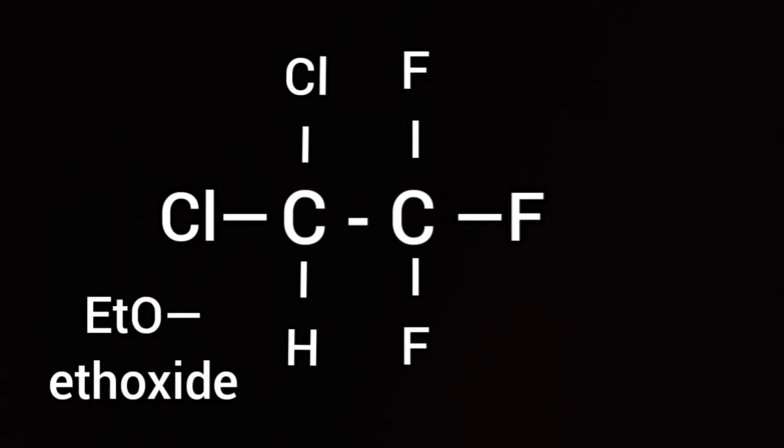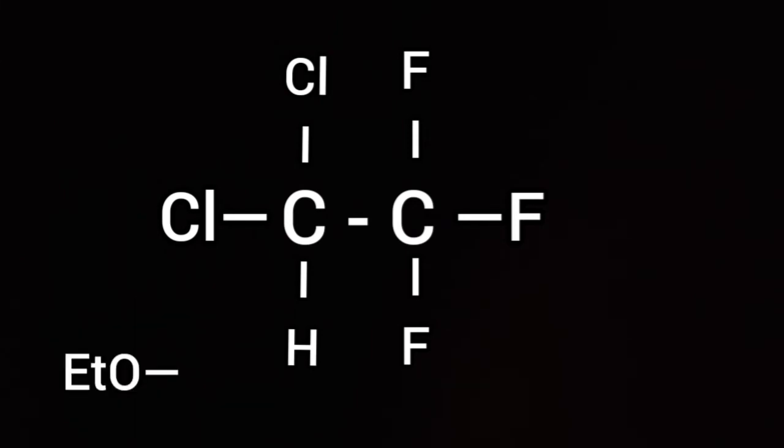Let us apply this mechanism to another example. You see, there are two carbon atoms. The alpha carbon is connected to 3 fluorine atoms. The beta carbon is connected to 2 chlorine atoms, and one beta hydrogen atom is there. In presence of ethoxide, the acidic hydrogen of the beta carbon is removed as H plus, and a negative charge is created on that beta carbon.